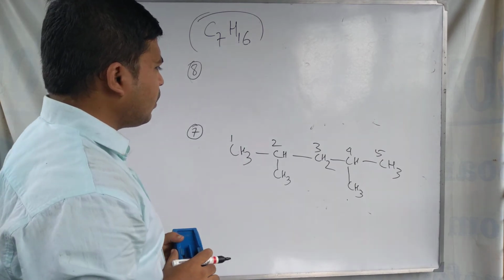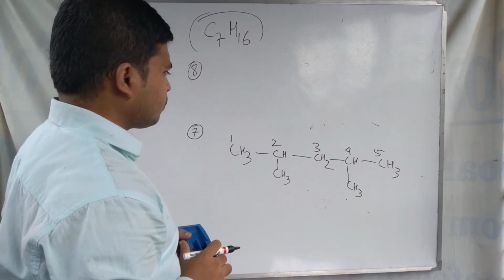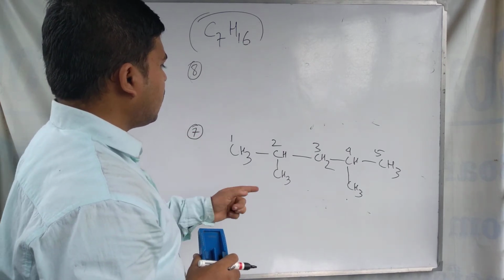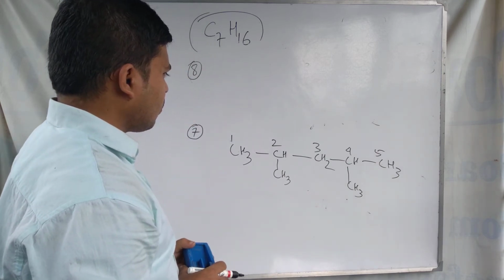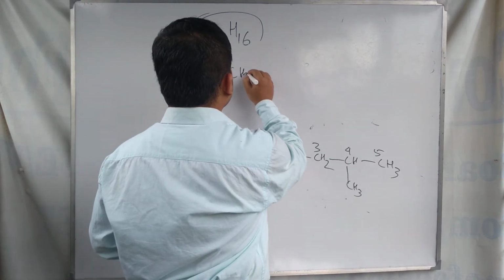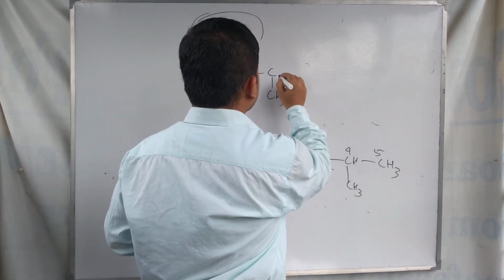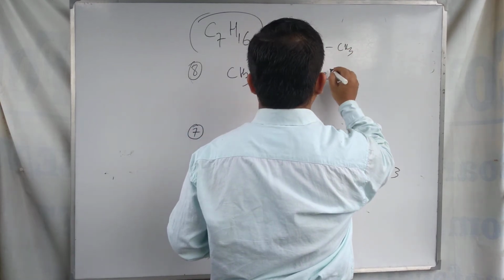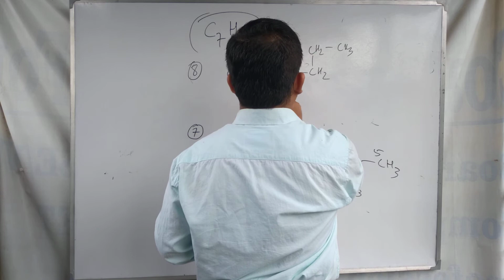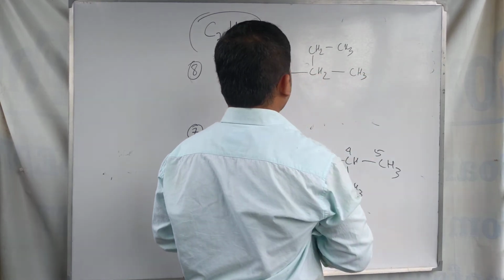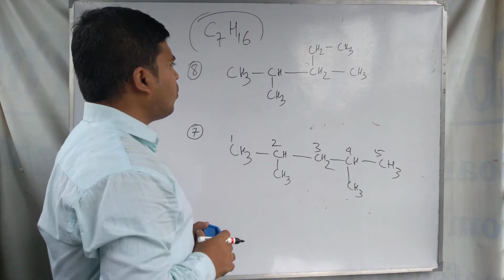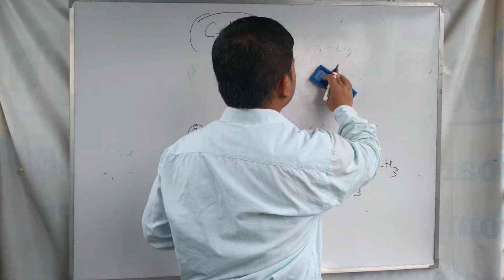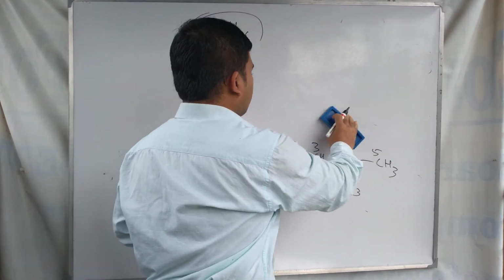In case of 8 number isomers, what we can do, we can place a methyl and ethyl group in the branch. No, it is producing the same one that we drew previously, so this one is not possible.